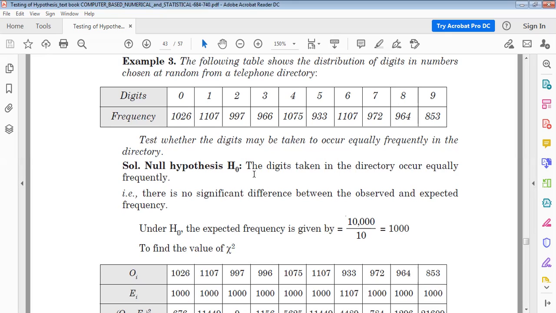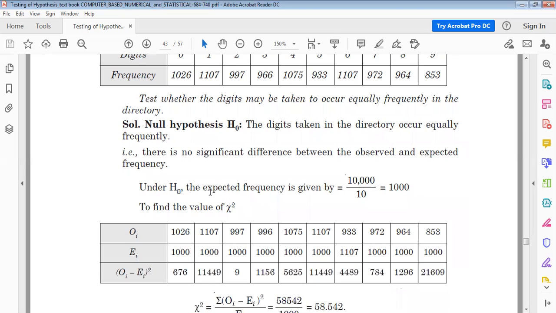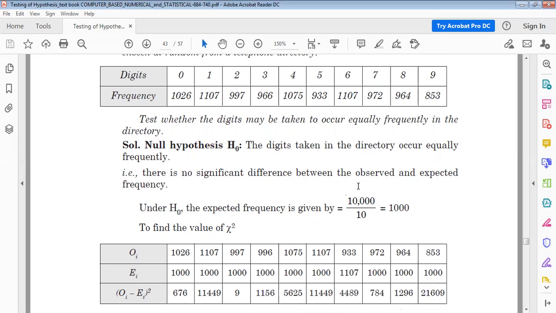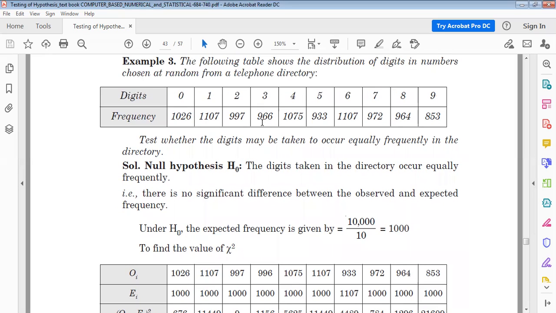So the null hypothesis is that the digits in the directory occur equally frequently. The alternative is the opposite of this: there is a significant difference. Under the null hypothesis, there is no significant difference between the observed and expected frequency. So under H naught, the expected frequency is given by this: the total number 10,000, from where taking the sum.